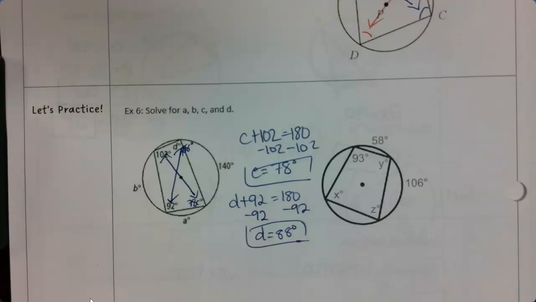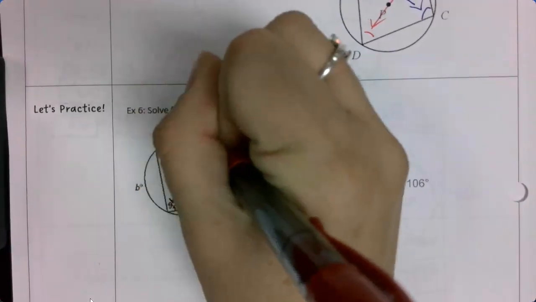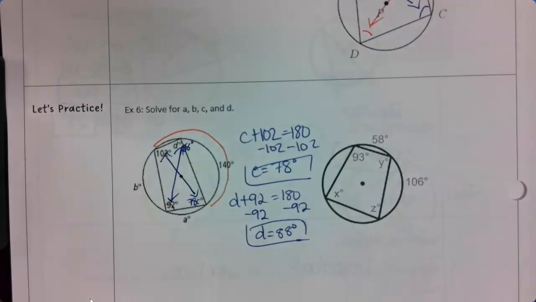Okay, so then I need to go ahead and find my outside arc measures. So I have this 92 right here. It's going to measure up with this arc right here that I just drew in red.